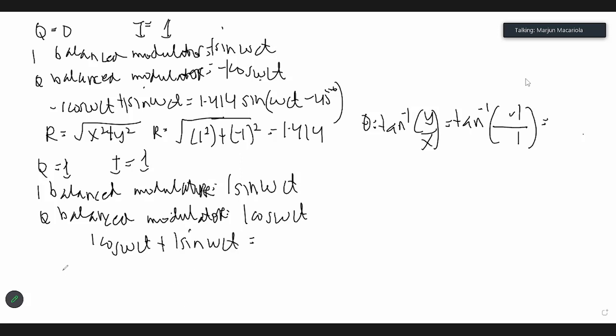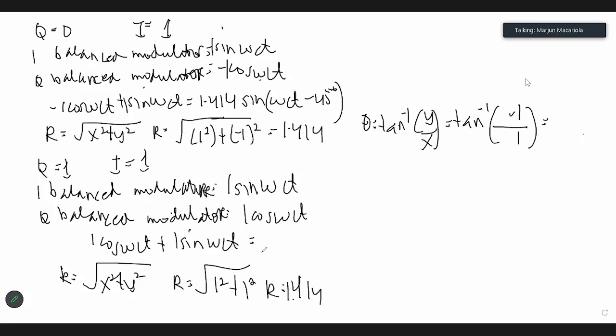is equal to, again, kunin na value ng r, square root ng x squared plus y squared. R is equal to 1 squared plus 1 squared. R is equal to 1.414, which is equal to 1.414 sine omega ct.